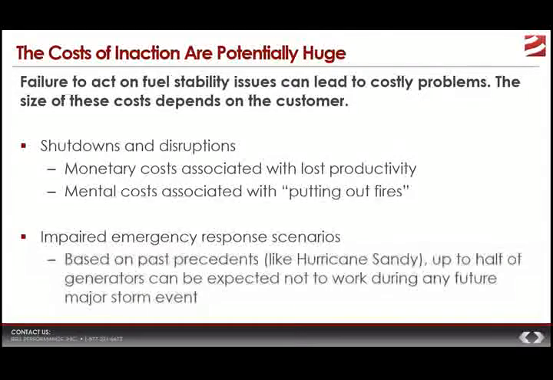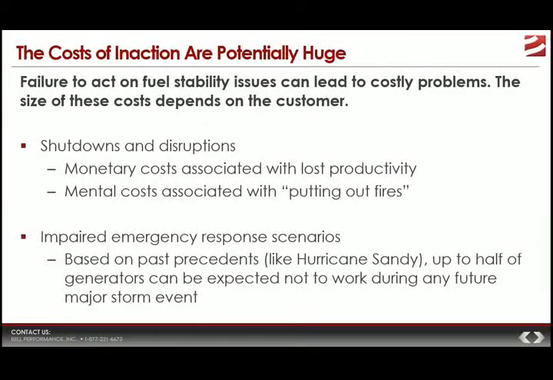Basically, the inability to respond properly when a critical group is faced with a situation that they have to respond to. And based on past precedents, this is something to be very much worried about.